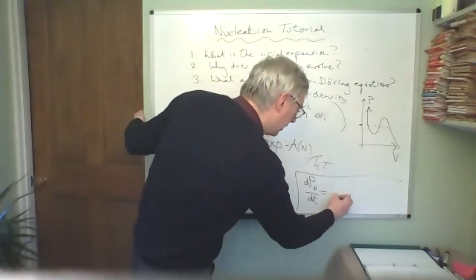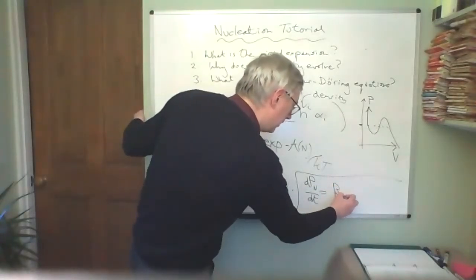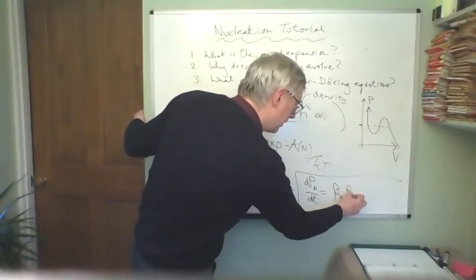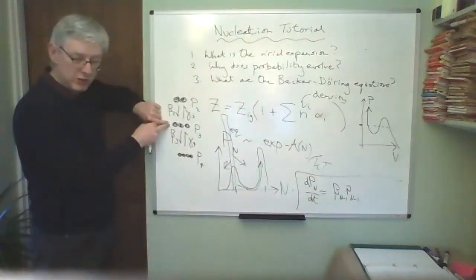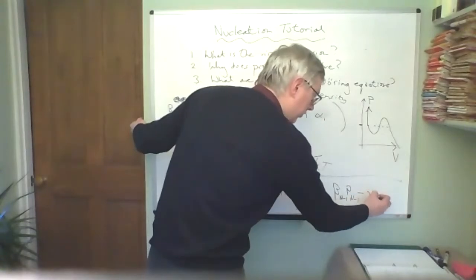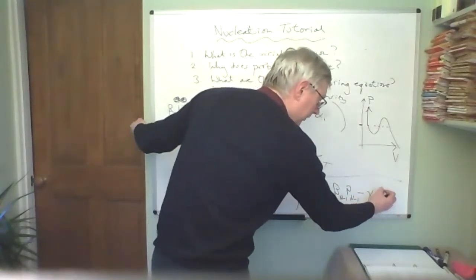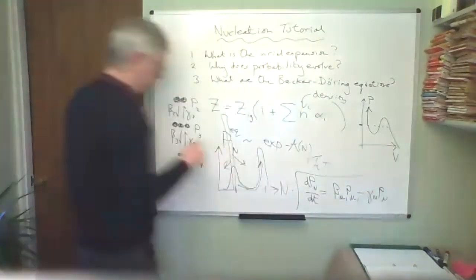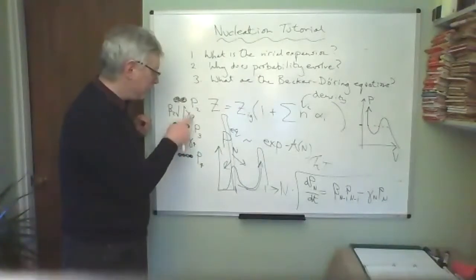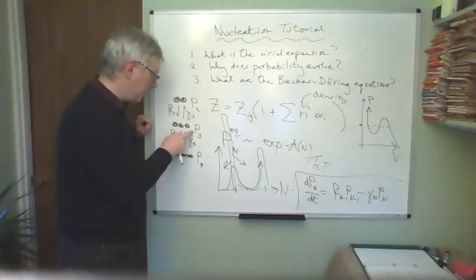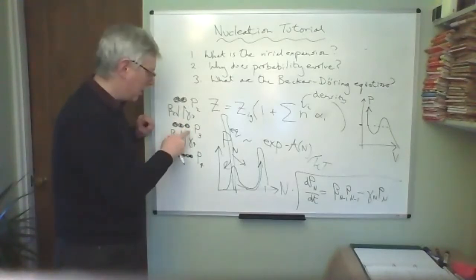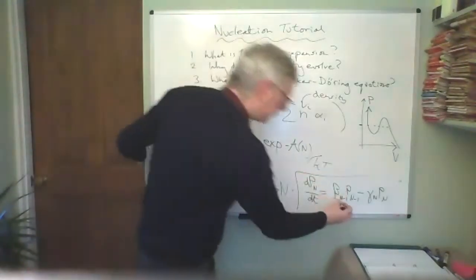And they look like a beta of n minus 1 times P of n minus 1, which is a growth rate from the size below to the size in question, minus the loss from the size in question at this rate, gamma 3 in this case going down the ladder, and the coefficient is multiplied by the probability Pn in this case.